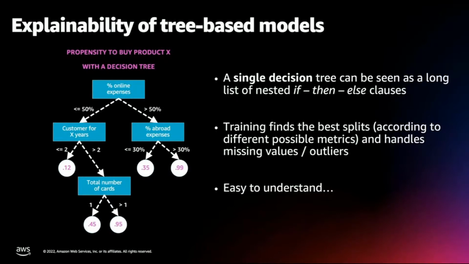And in a way, that forms an explanation. Effectively, it's a set of if-then clauses, and it feels fairly self-explanatory in that sense. But even with a single decision tree, there's still a question looming as to, well, why is this specific threshold chosen? It's not quite clear.